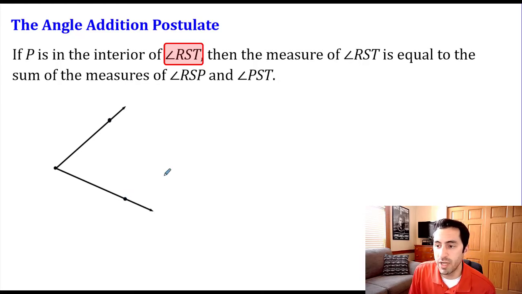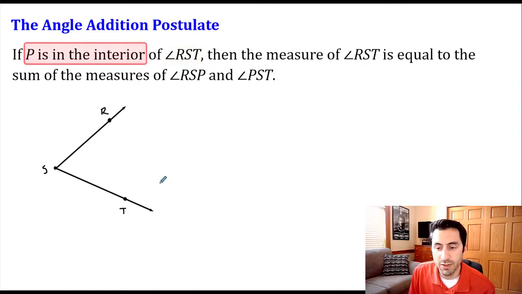Now based on the way this angle is named, because S is the middle letter, I know the vertex is the point S. And then my other 2 points, we have R and T. Okay. The second piece of that first part, it says P is in the interior of this angle. So somewhere on the inside, we have this other point P that's kind of hanging out. All right, so that's where we're at so far.